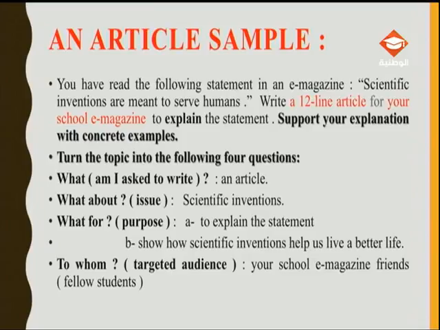I try to organize my arguments because sometimes there are main ideas and there are minor ideas. So I try to put them together using appropriate linkers. And of course, in the conclusion, you might express your point of view. This is for the article.